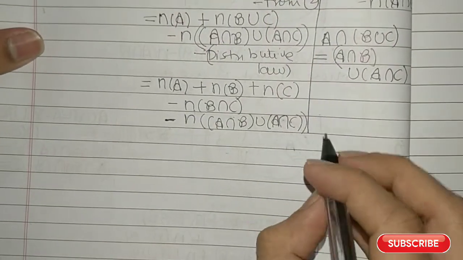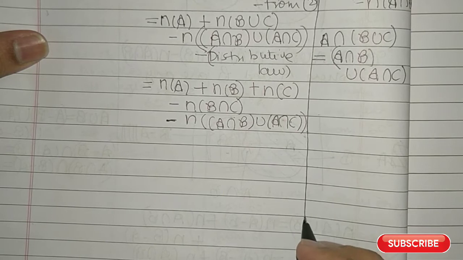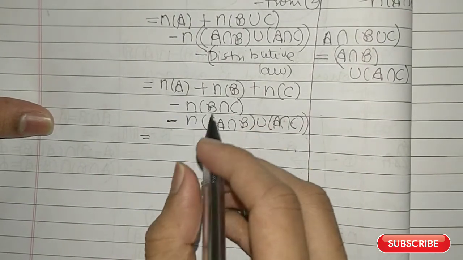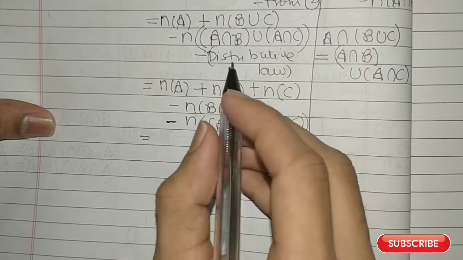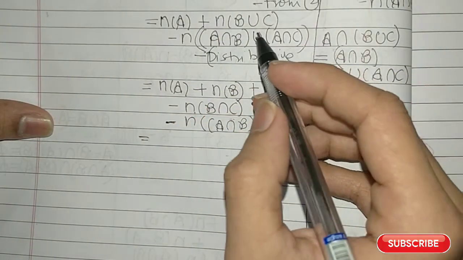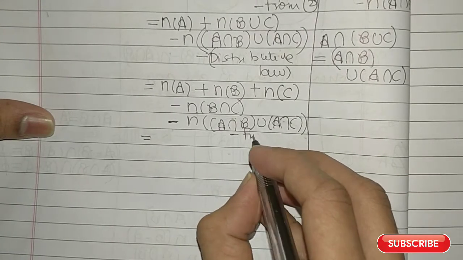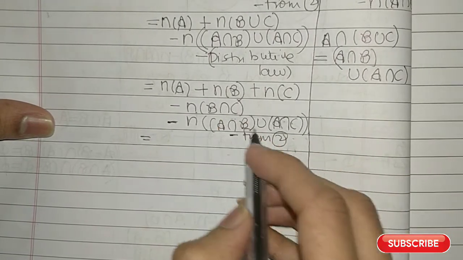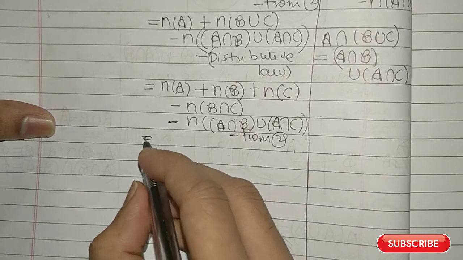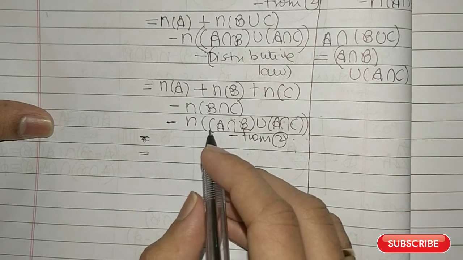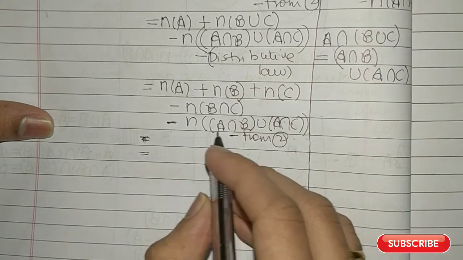Now what we have is this. Okay, this is from 2. Now we will proceed. I will again use formula number 2 for this set.